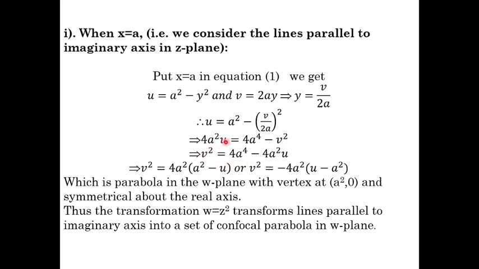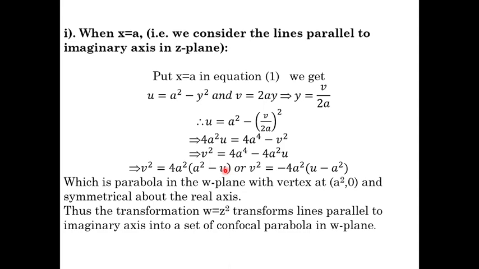Here v²; here u is of degree 1. Therefore, we can express in terms of v². v² = 4a⁴ - 4a²u. This can be written in the standard form, that is v² = 4a², taking common in the RHS, outside, we get (a² - u). According to the standard parabola equation, (y - b)² = 4a(x - a) form.